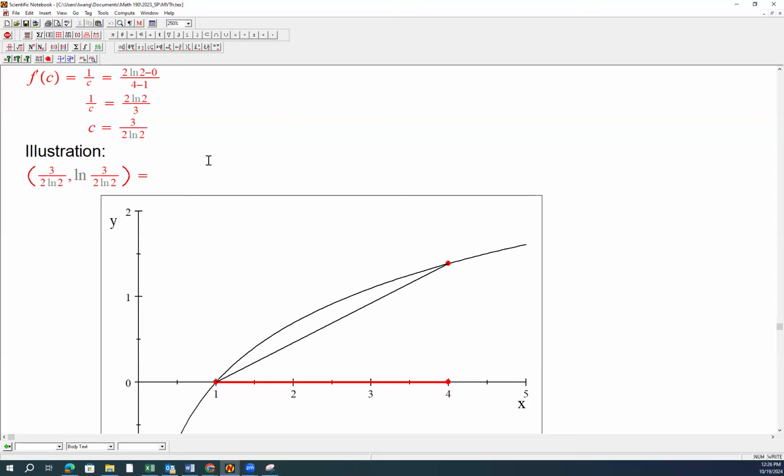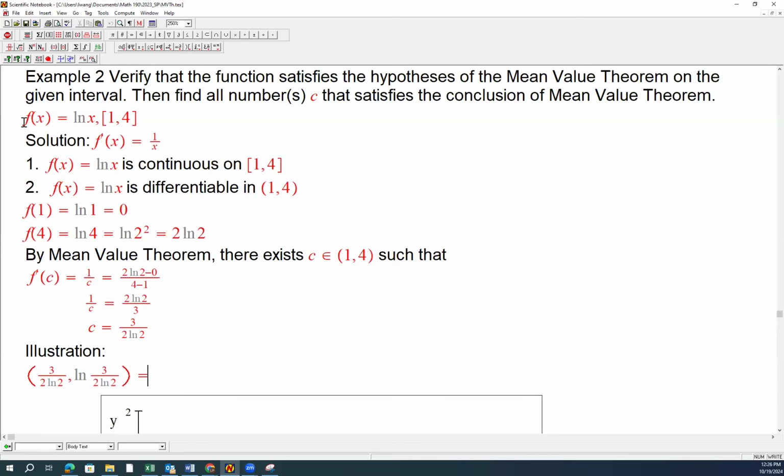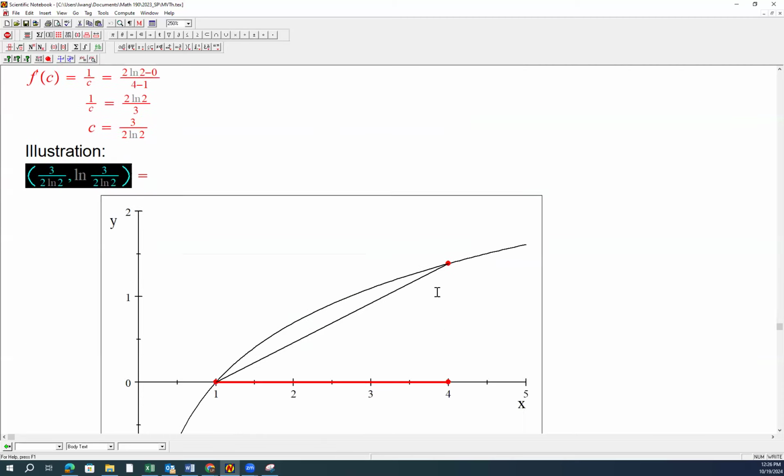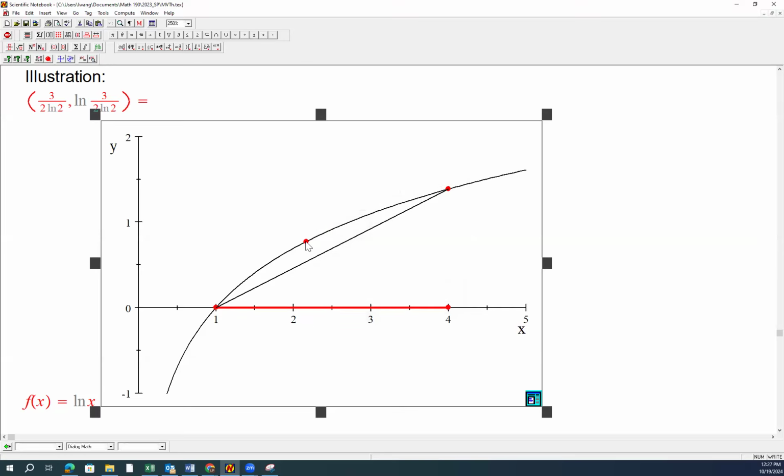So we're going to plot this point on the curve. This is the point on the curve right here.